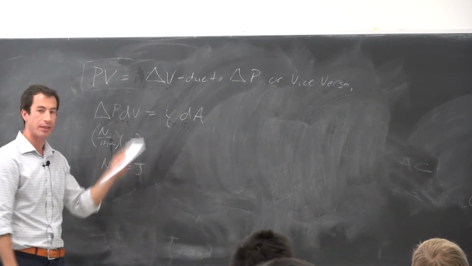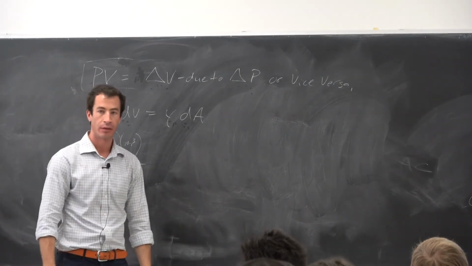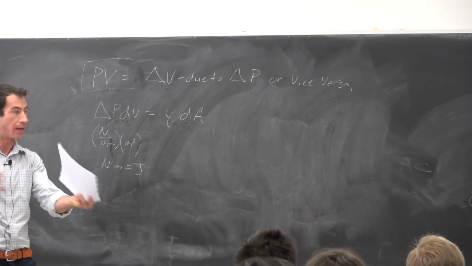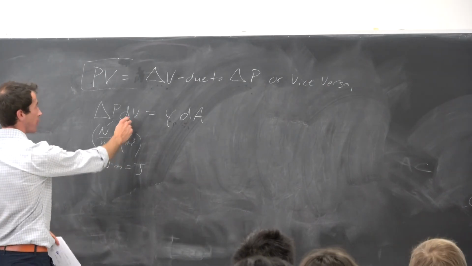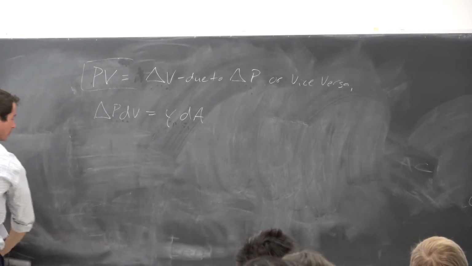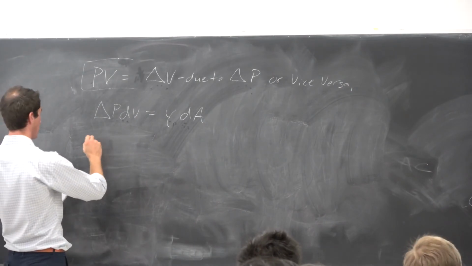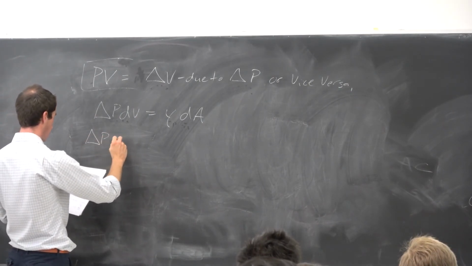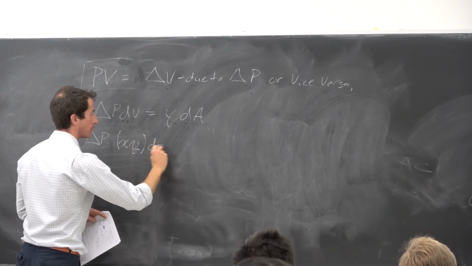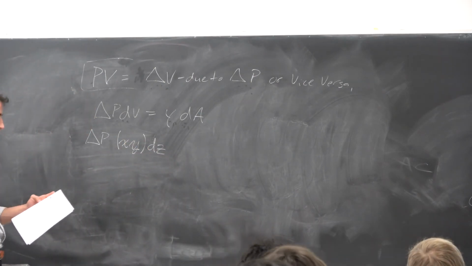So where do you think the dz comes in then? So what do you think this change in volume is going to be? It's delta P x, y, dz, right?